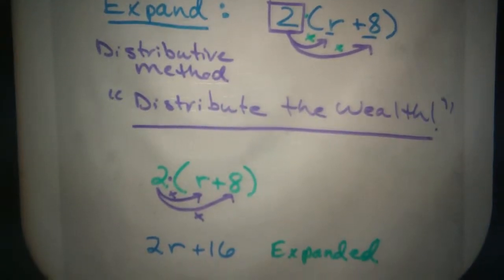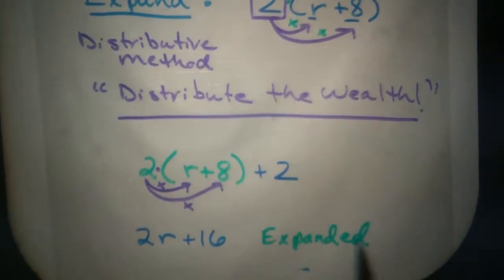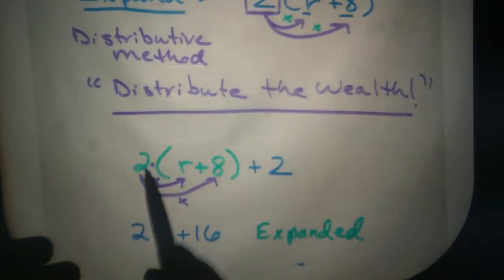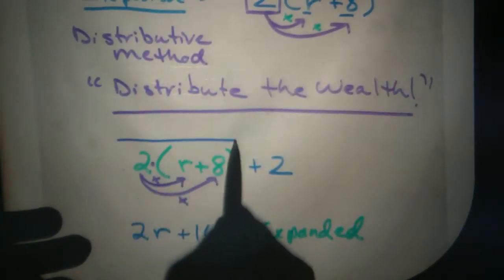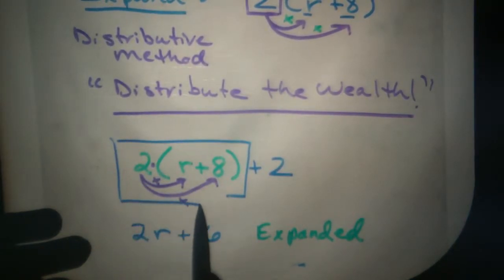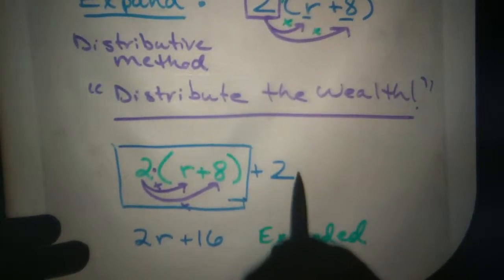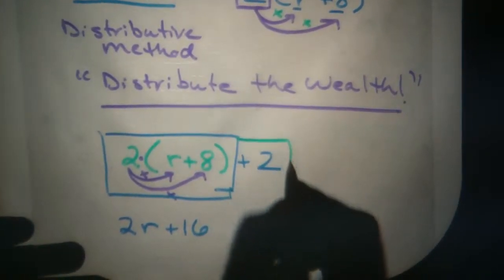Now, if I had plus 2, this 2 is on the outside of the parentheses. Do I multiply this 2 with that 2? No. It's only attached to the parentheses, because it's butting up next to the parentheses. This other term is separate.